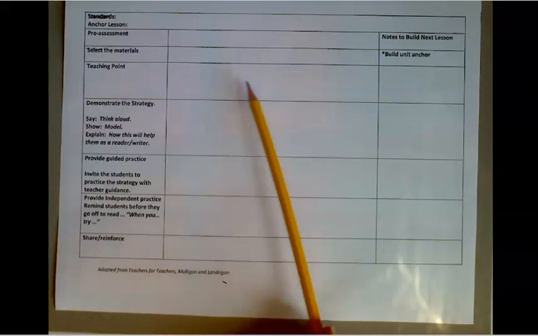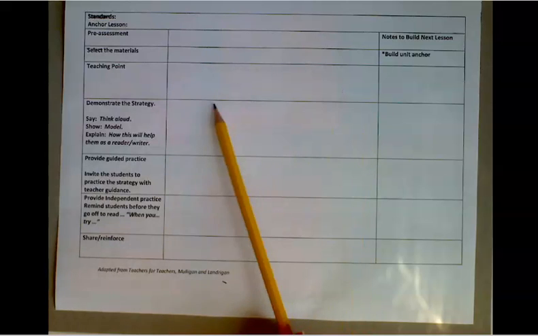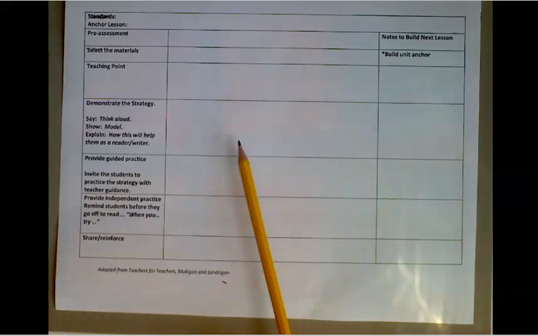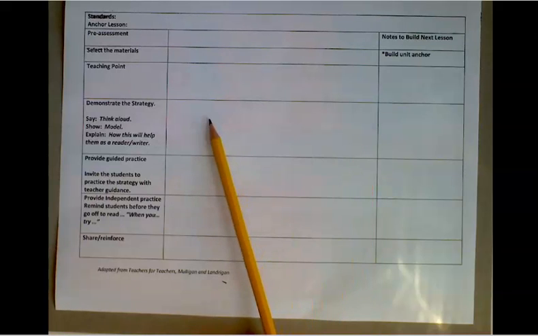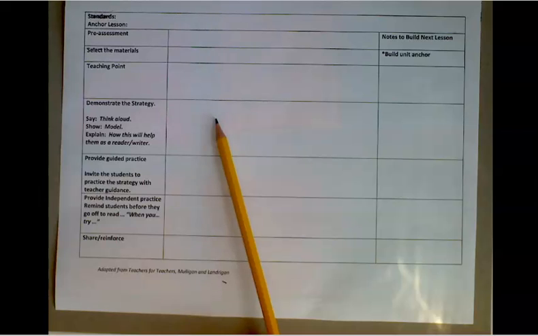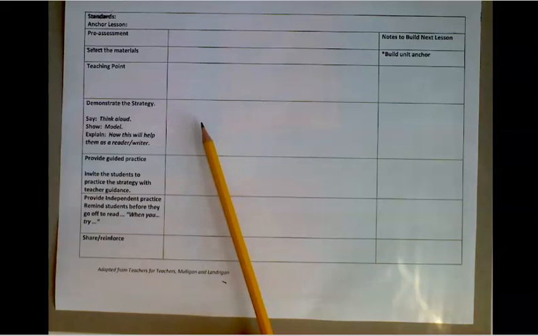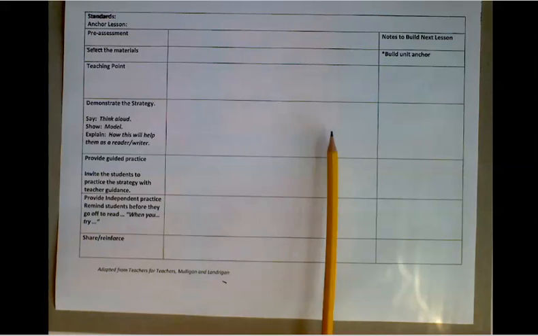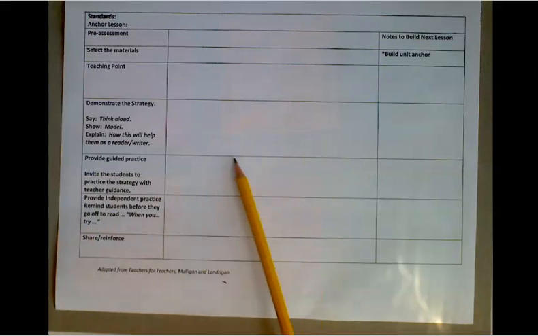So after naming our teaching point, we really want to be sure that we're demonstrating the strategy. Whether our strategy is a skill, we can teach a skill in isolation, even a decoding skill, but we'll always want to connect it to text. We don't want to leave students with just that strategy in isolation.